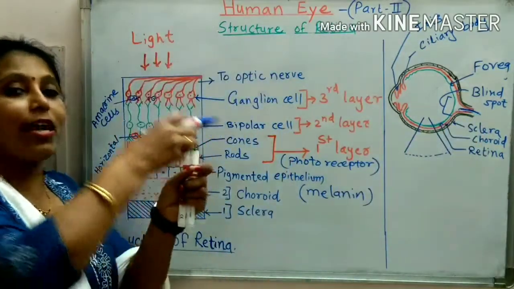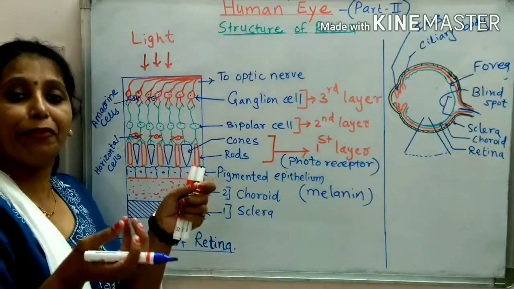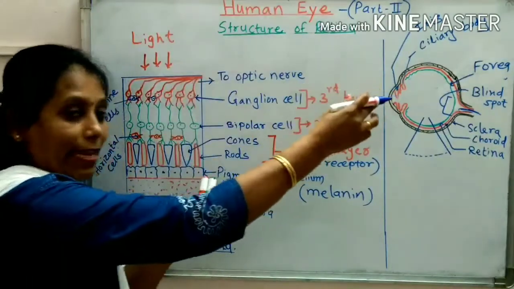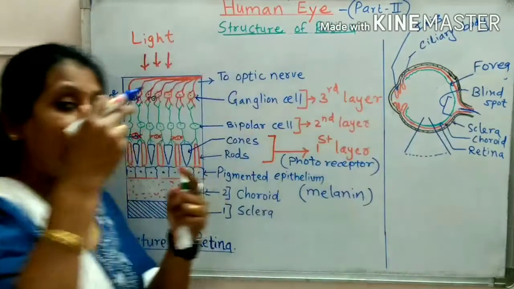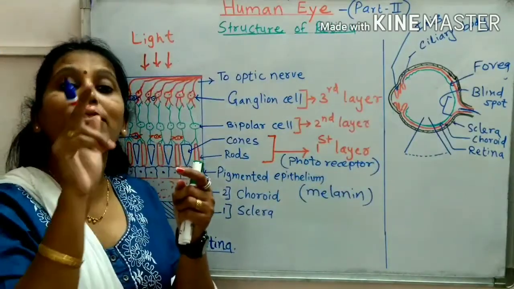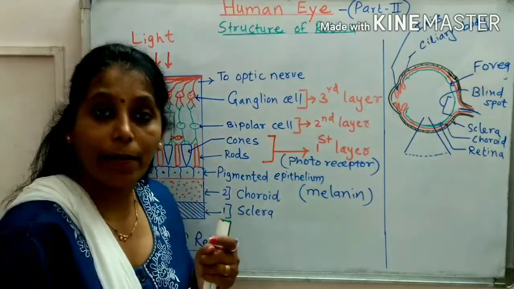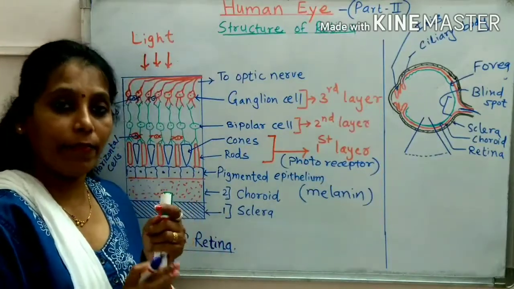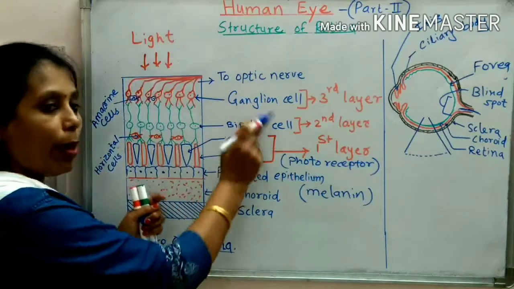They come out as the optic nerve. From this area they emerge, and where exactly are they going? They are going to the brain, where the vision center is present. Perception is done. So this is all about the layers.